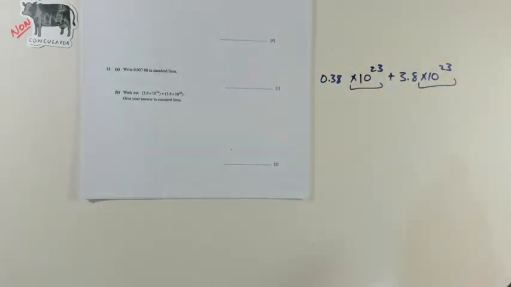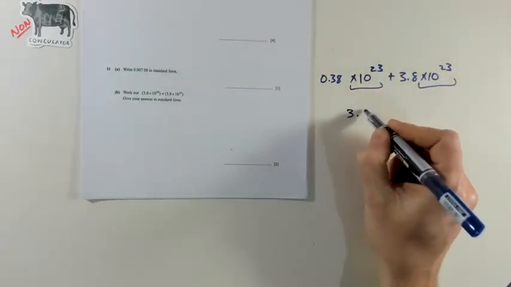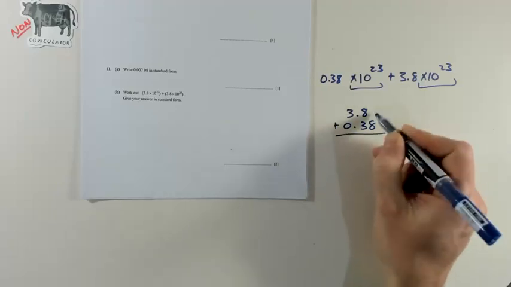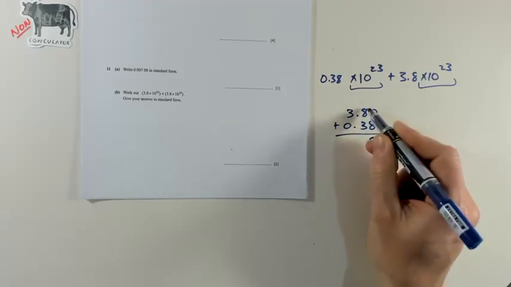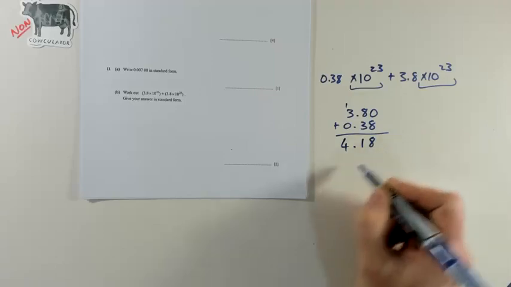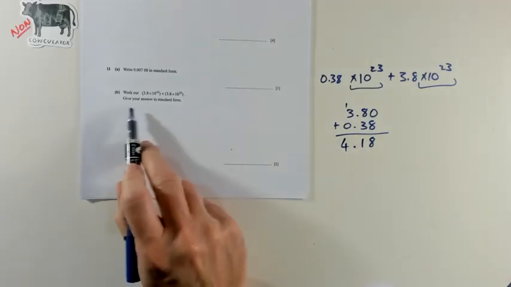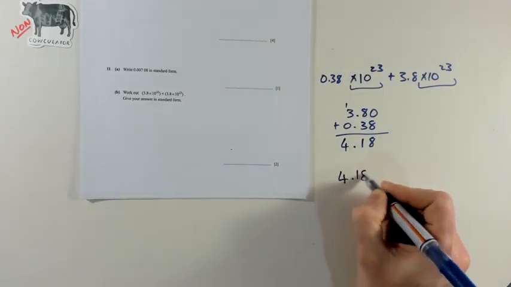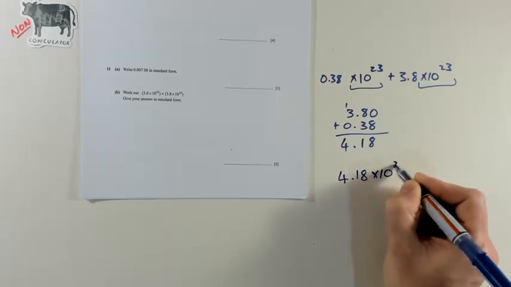So let's take a look here. Now it's just going to be 3.8 plus 0.38, and that's 4.18. Very important, give your answer in standard form. So there's 4.18 times 10 to the power of 23.